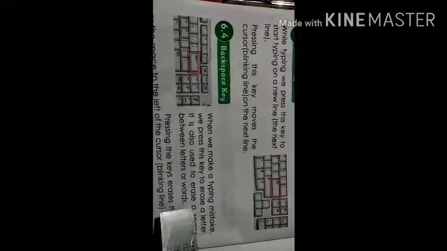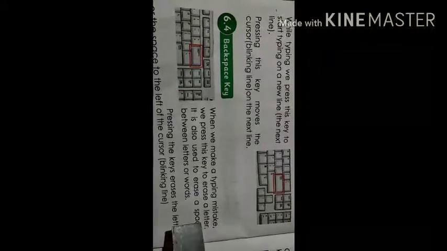Next is the backspace key. When we make typing mistakes, we press this key to erase the letters. I will say, when you are writing in the notebook, what is the spelling of computer? C-O-M-P-U-T-E-R. But instead of R, you wrote N. What will you do?